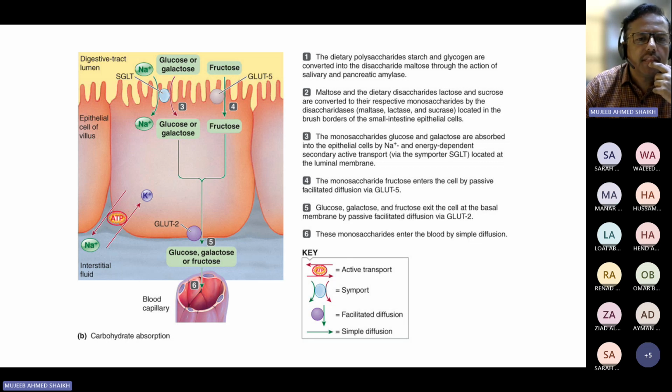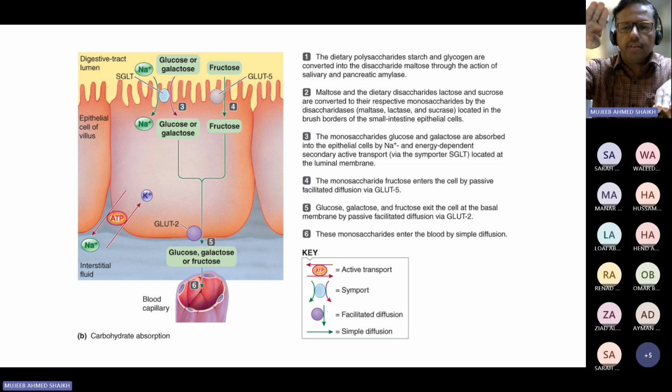And because of this pump, sodium is moving in. Why? Because whenever something has to be moved, there should be a difference. If something is higher on one side, it will move to the lower side. So in the lumen, sodium is high, and within the cell it has to be kept low, and only then will it move inside. And why is it low inside?